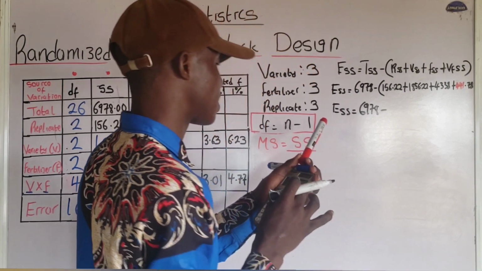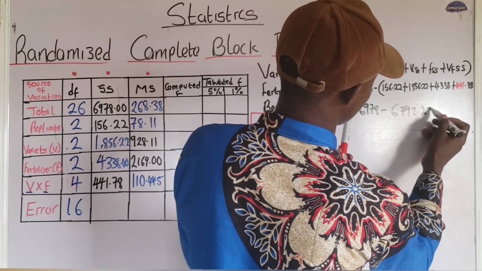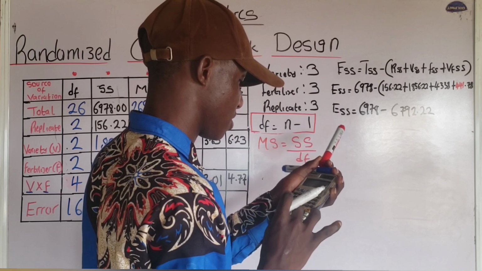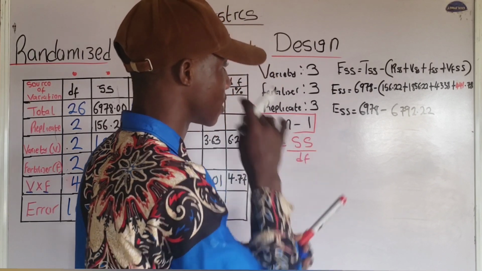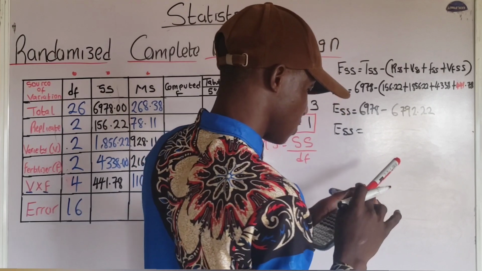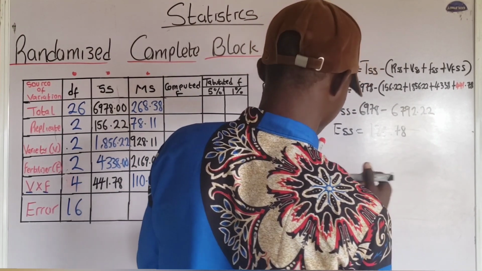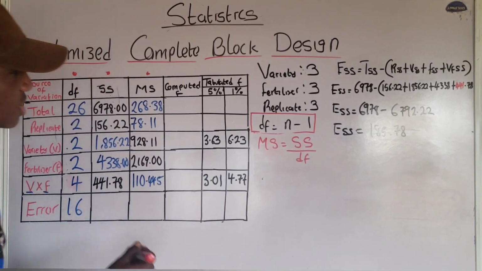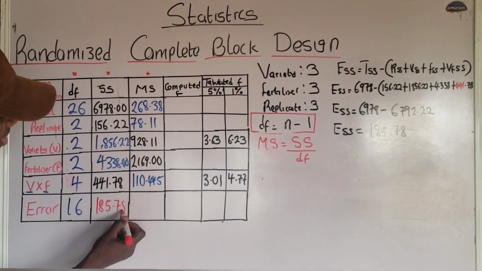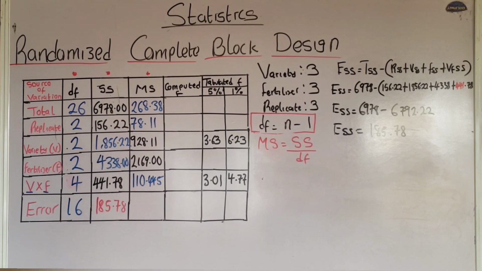That is 6,792.22. So we are going to have error sum of squared equal to 185.78. You understand? So the value for these cells is 185.78.